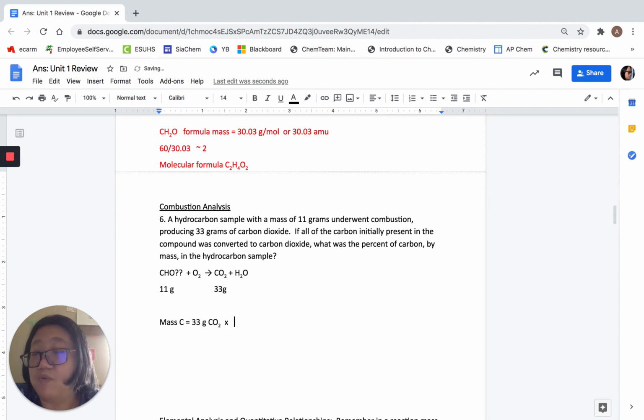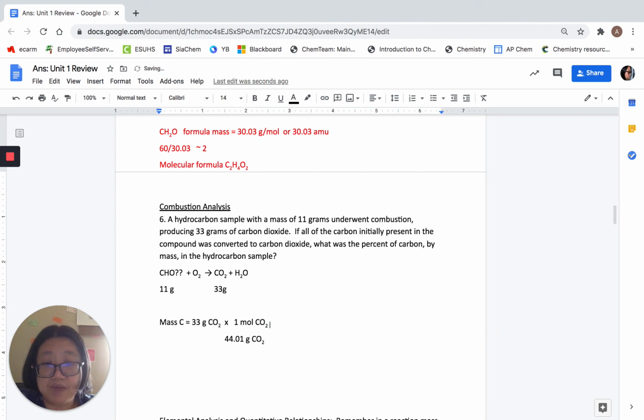I don't want the CO2, so we're going to say 1 mole CO2 divided by the mass of CO2, which is 44, I think. Yeah, 44.01 gram CO2.